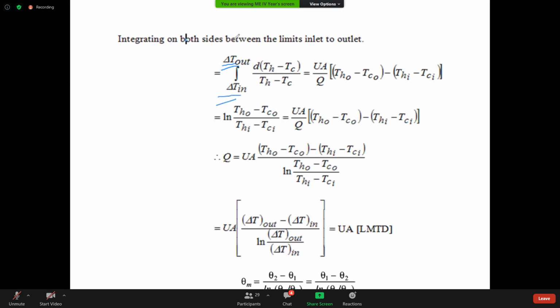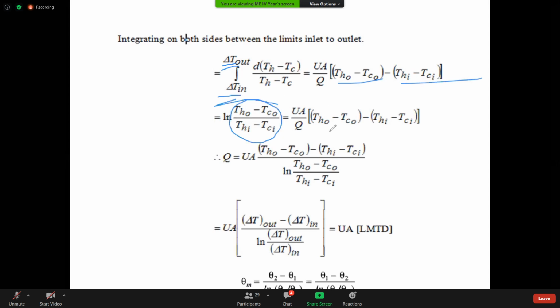Then dTH minus dTC is equal to U by A, Q common, and so on. Integrating gives ln theta. Then you get the answer.